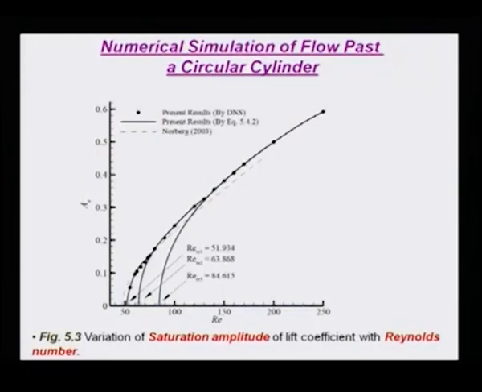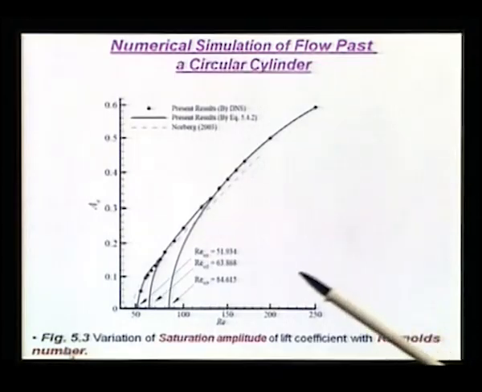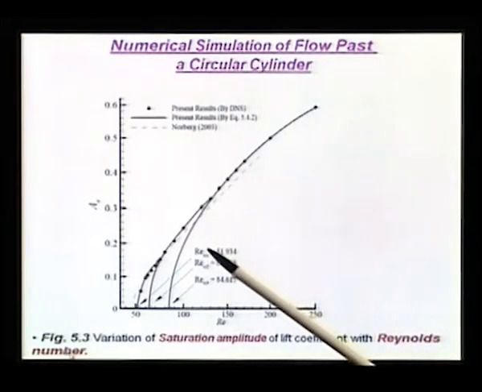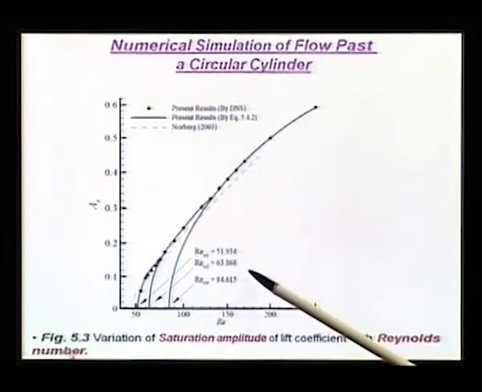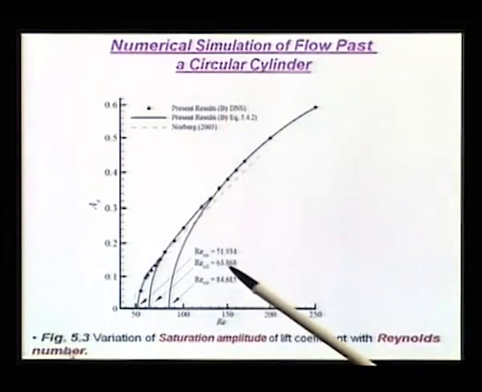And what you find is a very, very interesting thing. The first Hopf bifurcation, according to the numerical method we have chosen, indicates a critical Reynolds number of about 52. The second one is about 64, the third one is about 85.